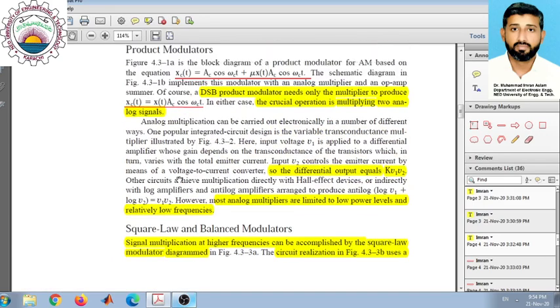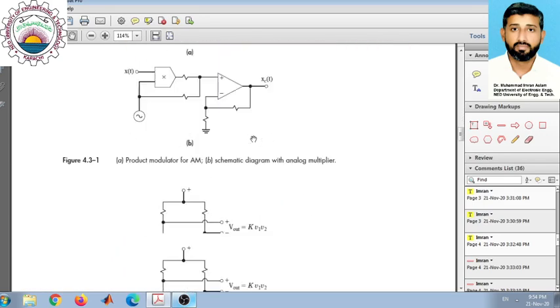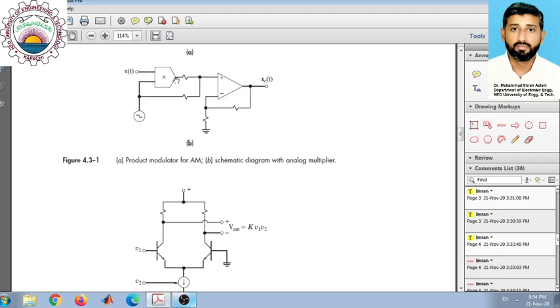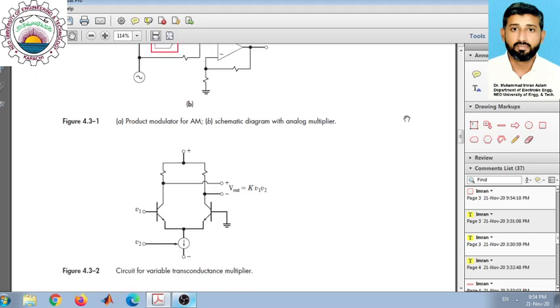One of the possible circuits to generate this product term, this block of multiplication, is in electronics terminology named a variable transconductance amplifier.